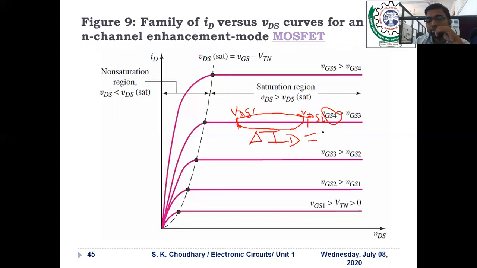Anyone? What is the value of delta ID? Anyone tell me? Akansha More? What is the value of ID?